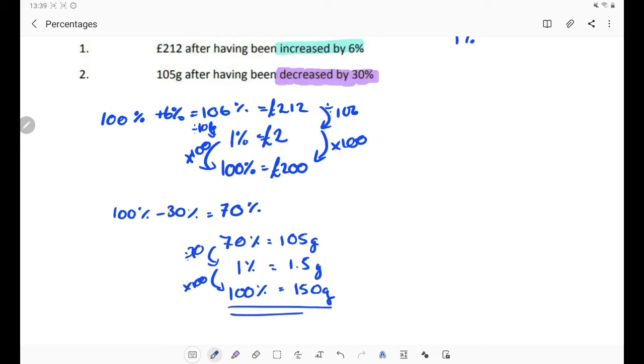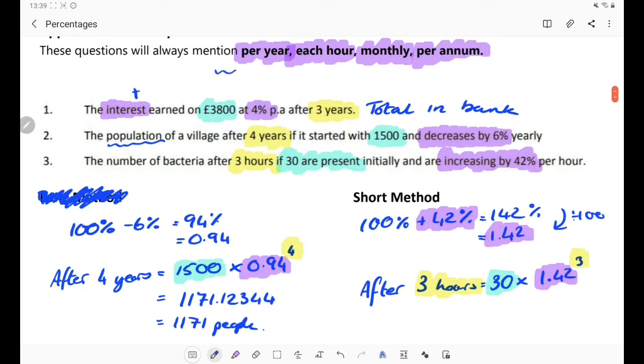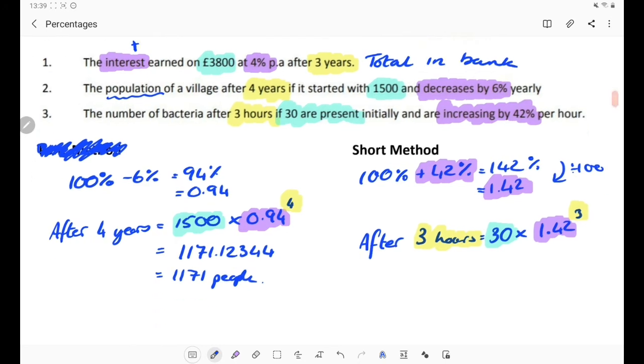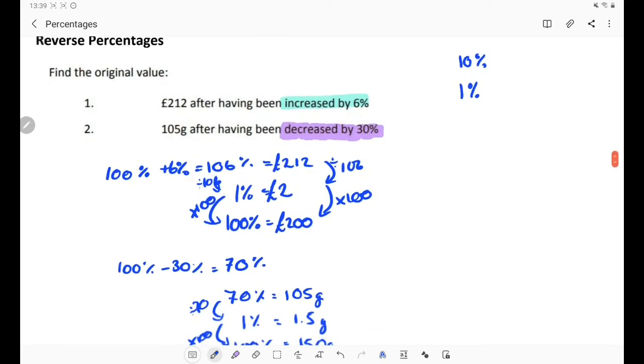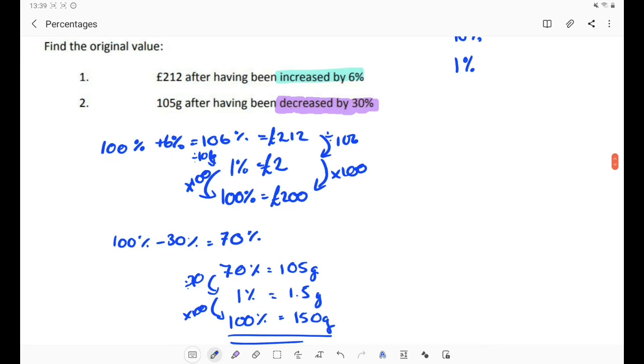At this point, I would like you to clearly think through in your brain, what is the difference between these questions? If you are ever confused, I would always look for one of these phrases first, your per year, your each hour, your monthly. If there is not one of those phrases, then it's a decent guess that you're doing the second type of percentage question, which is your reverse percentages.